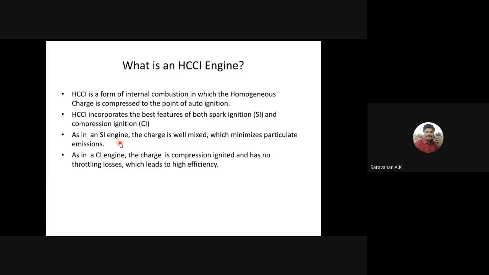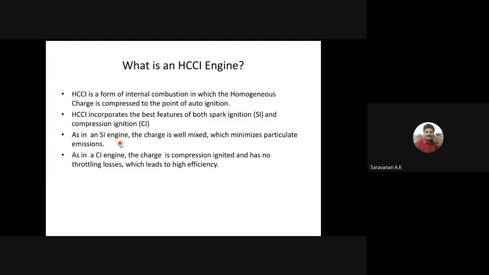So here you can see in CI engines we have two regions. One is the high fuel region, where the accumulated fuel is high in a particular region, and we have the high temperature region.